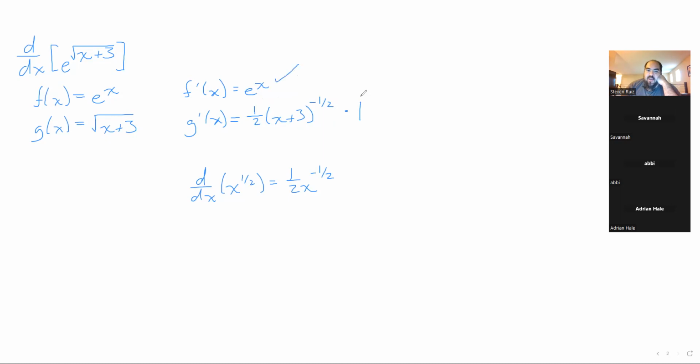So I have the derivative of my outer function and the derivative of my inner function, which means I can now take the full derivative.